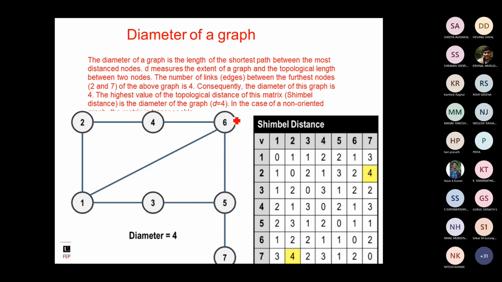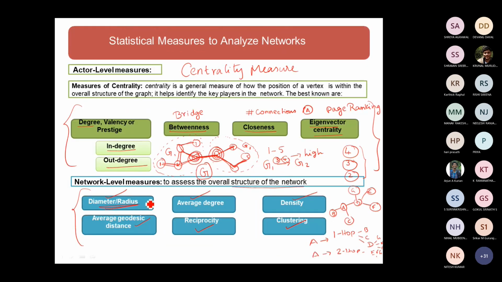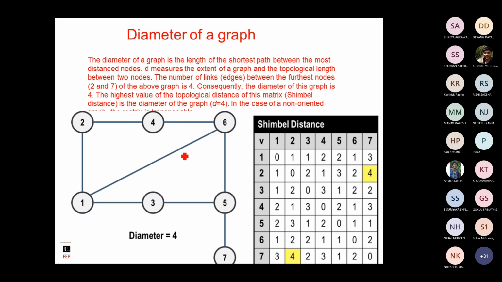What is the diameter of the graph? I have told you, right? The diameter of the graph is the length of the shortest path between the most distant nodes. If we consider this example, which is the longest distance between nodes? We can say 2 and 7, they have given it here itself.